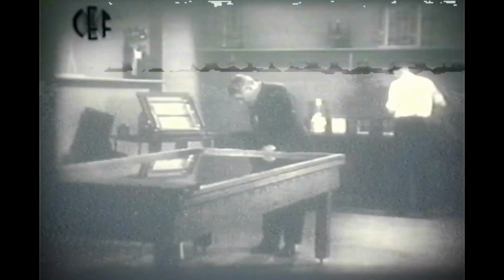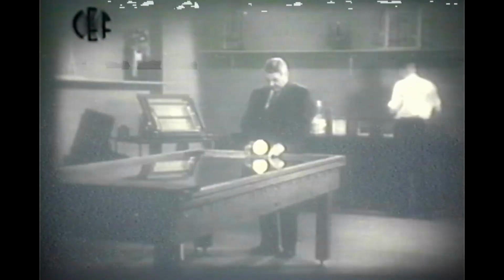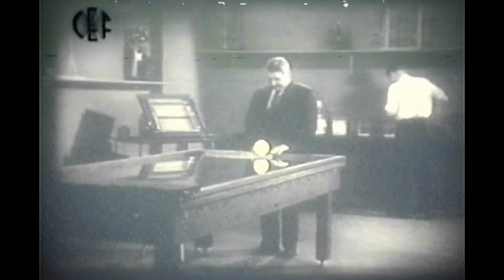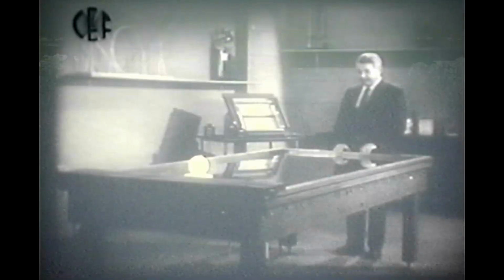Okay, let's get back to our original question. What happened to the bouncing ball when it lost energy to the gas? In order to show what we think happened, we'll have a model. Here's a frictionless disk, which we'll let slide down an incline, gaining kinetic energy as it goes until it hits.